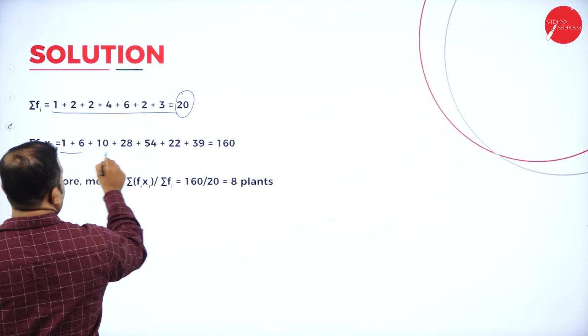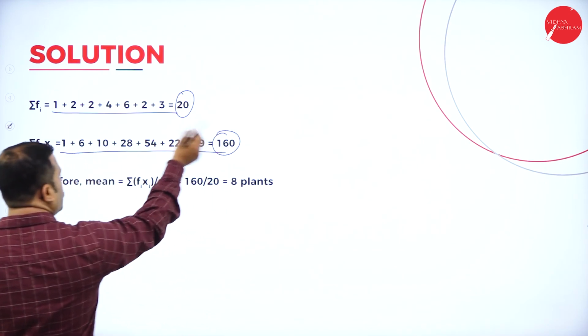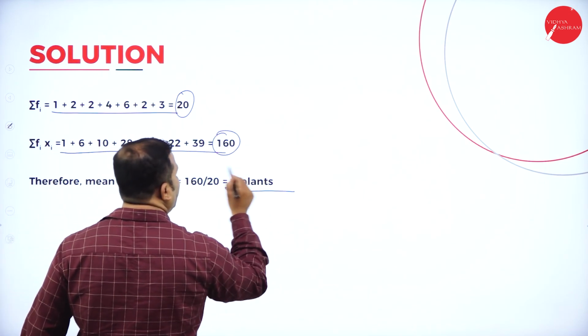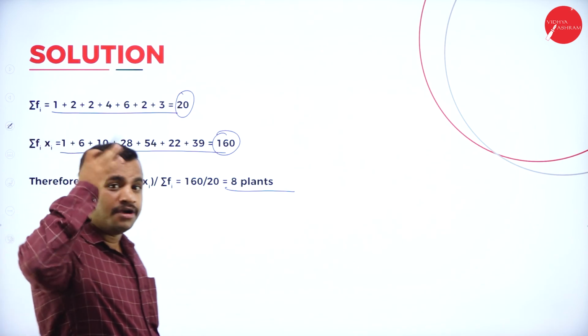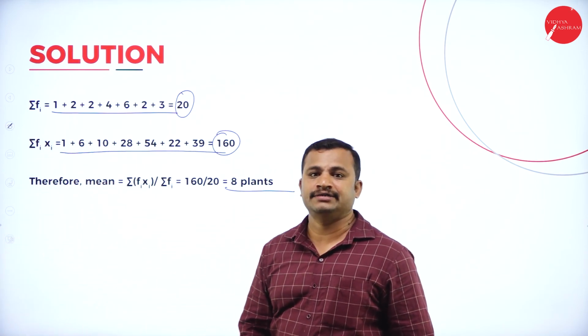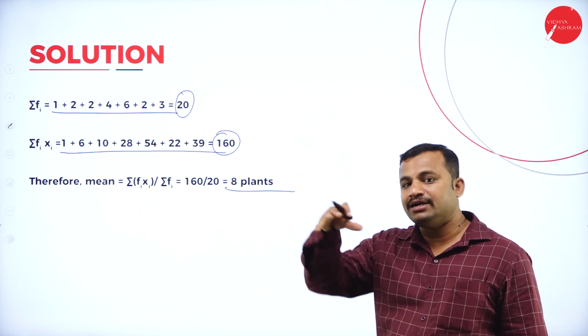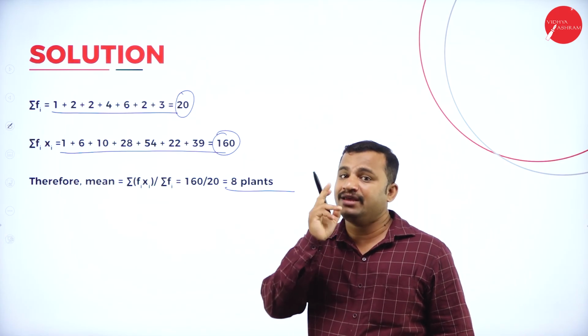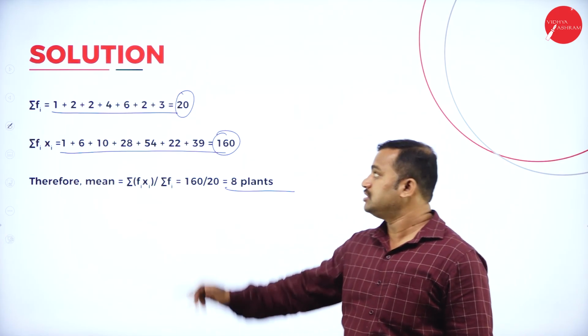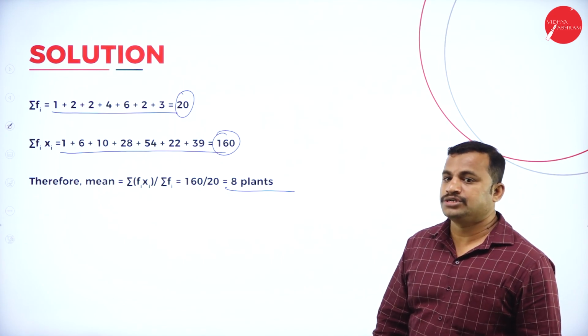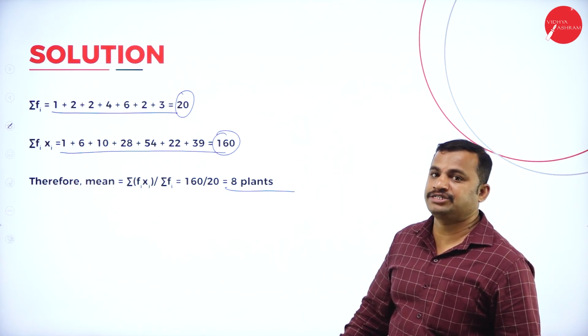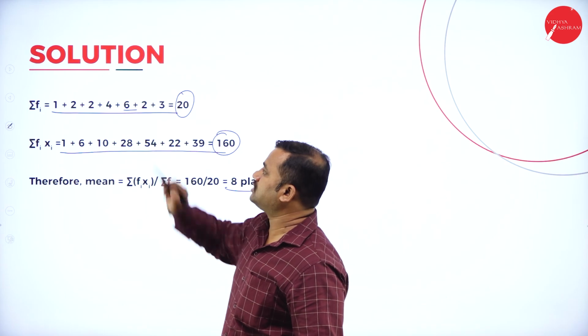Then summation Fi Xi is equal to 160. So 160 by 20 is what? 8 plants. That is the average mean value. In that locality, a house is having 8 plants. Because there are so many other houses which are having more number of plants in the range of this.